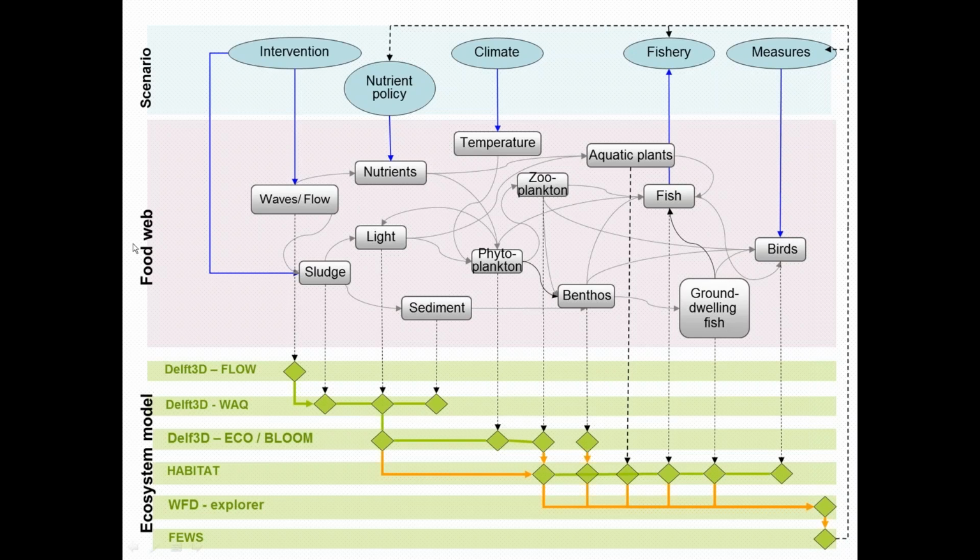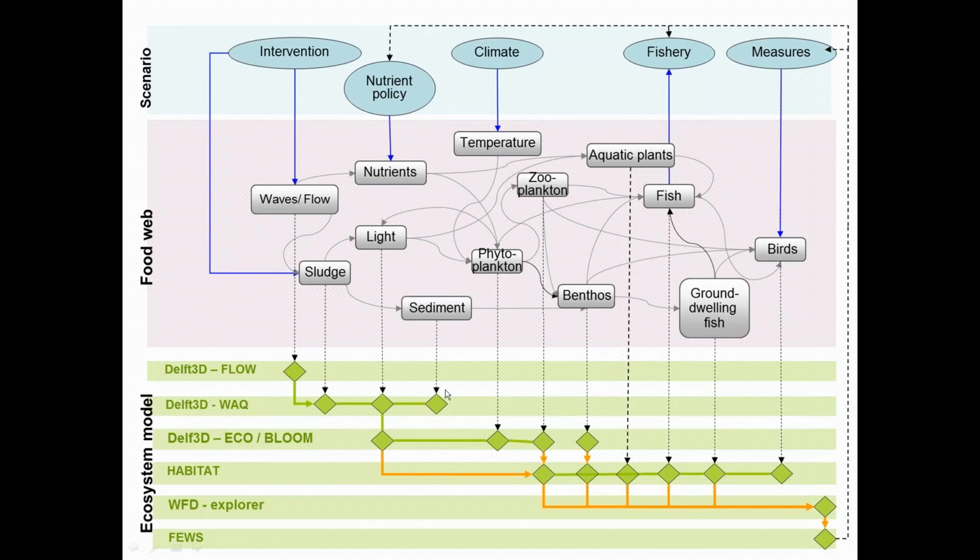In the middle part, again, is the natural system, and this time it's organized from left to right, from the physics up to the higher ecology, the birds, the ground-dwelling fish, etc. On top, there's a layer which indicates the influences that people have on the aquatic ecosystem, like nutrient policies, climate, and fisheries.